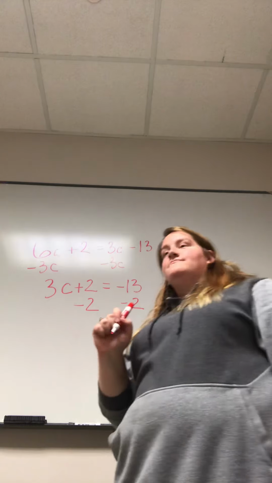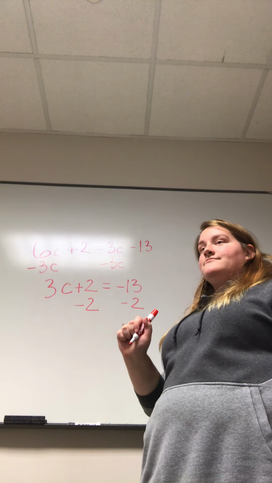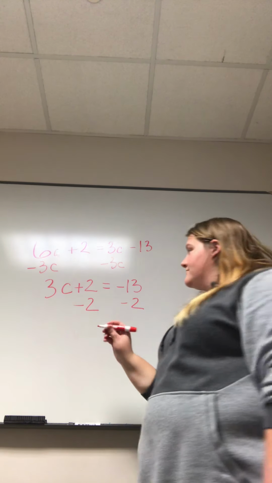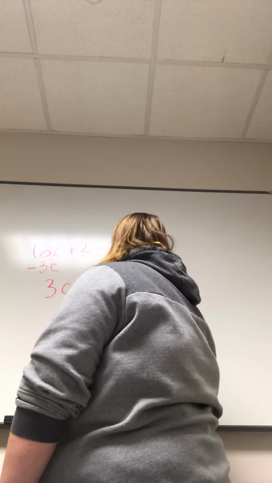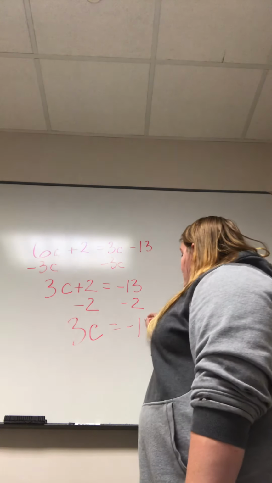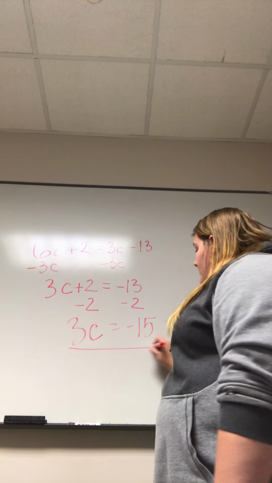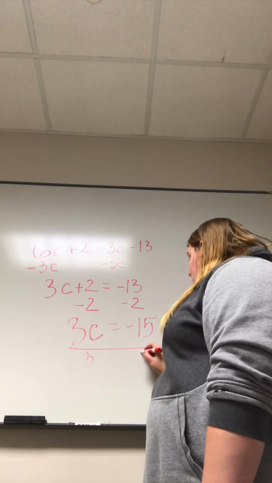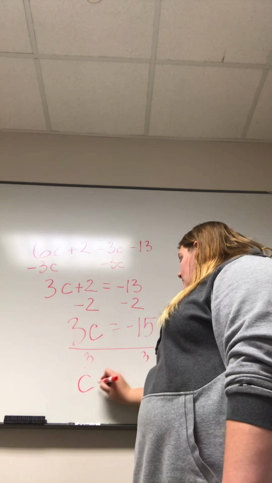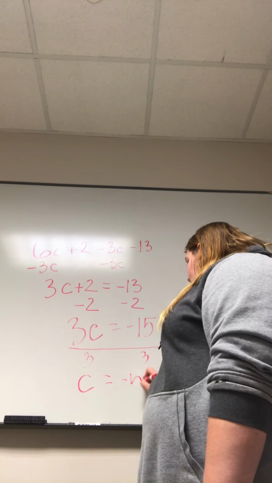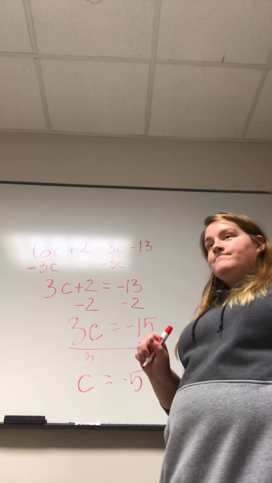And then when I did that, I got 3C equals negative 15. And then for my last step, I divided both sides by 3. And then that gave me C equals negative 5. And then that was my answer, and I was all done.